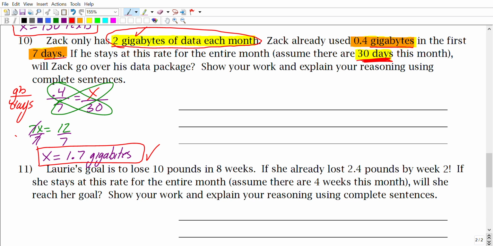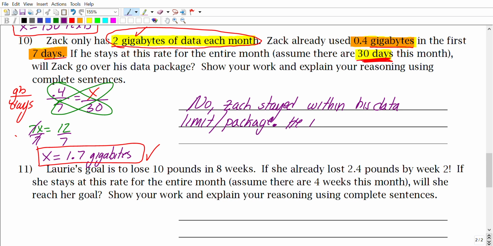No, he did not. So we would say no. Zach stayed within his data limit, or as it says in the problem, over his data package.